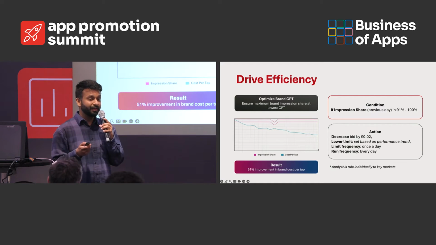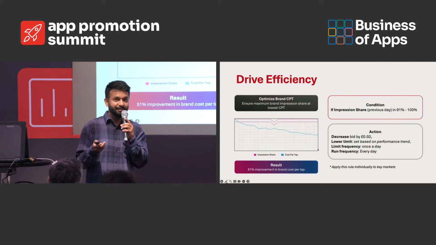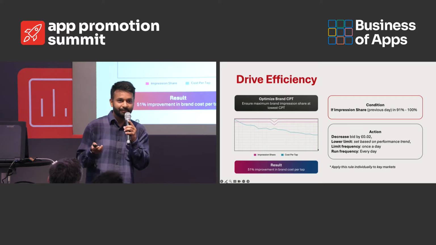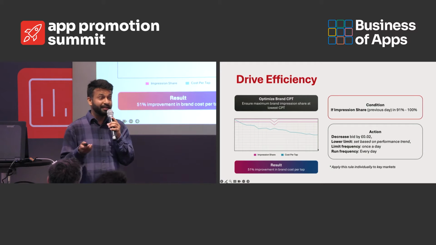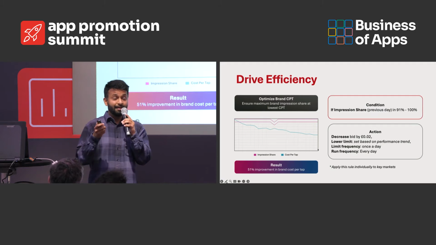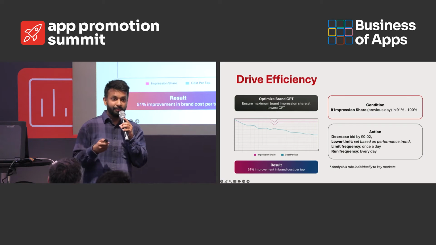So you need to first figure out the apps that are in the auction, whether those apps are even relevant for your business. Are those competitors relevant? If they are not, then they can definitely not afford to acquire users on your brand. And even if they are relevant, it must be very expensive for them to do so.